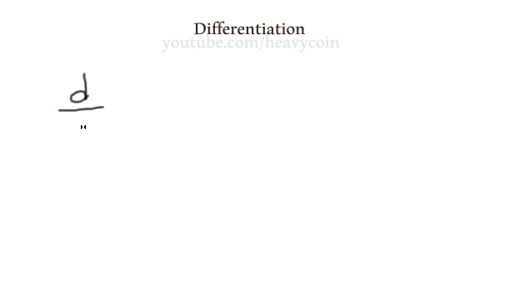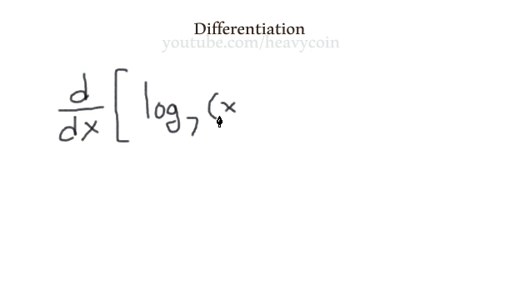What if we had d over dx, asking us to take the derivative of log, this time with a base of 7, of x squared plus 1. We take the derivative of what's in parentheses, and the derivative of x squared is 2x, and of course the derivative of 1 is 0.